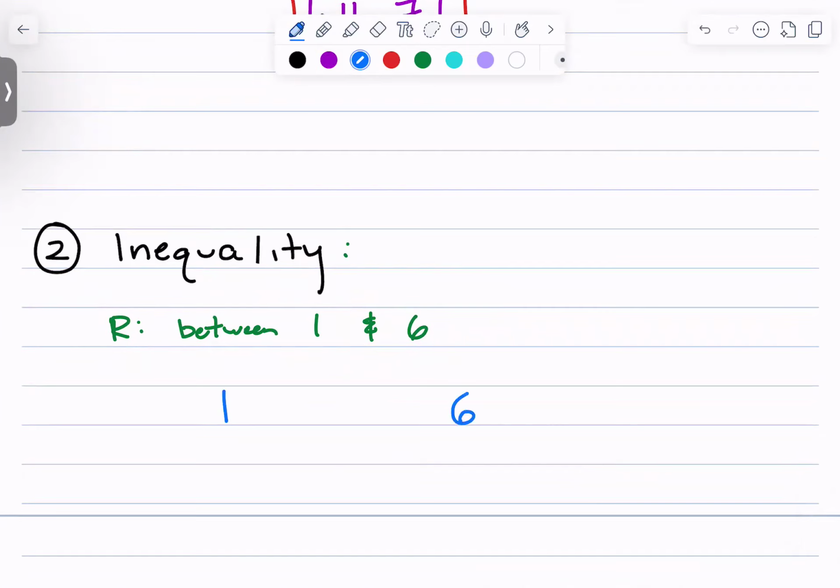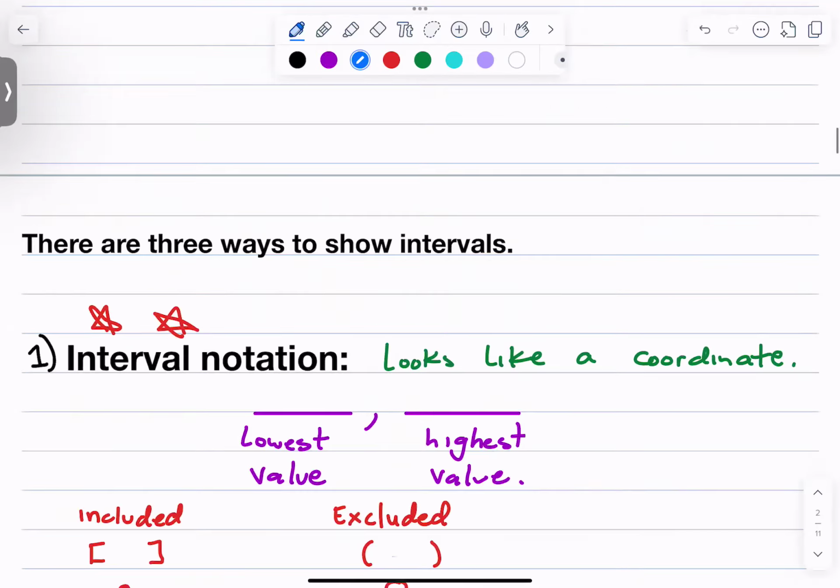I know it's my range, so it's my y values, right? My y values are between 1 and 6. So looking at it from left to right, 1 is less than y, which is y is less than 6, right? That means that it's in between those two values, correct?